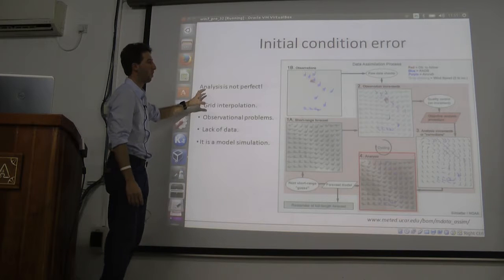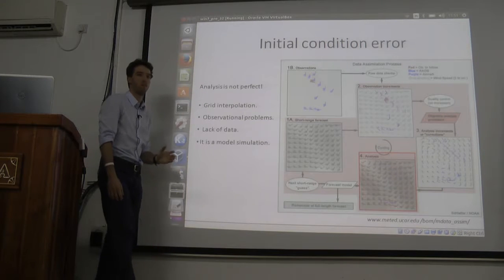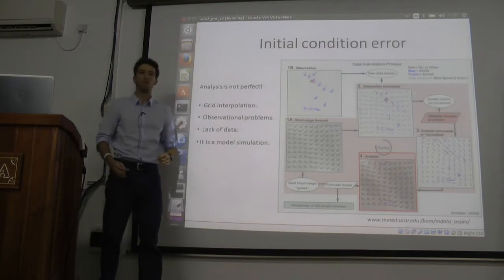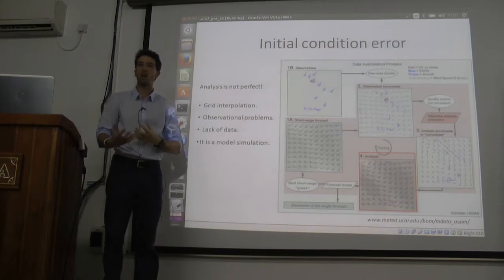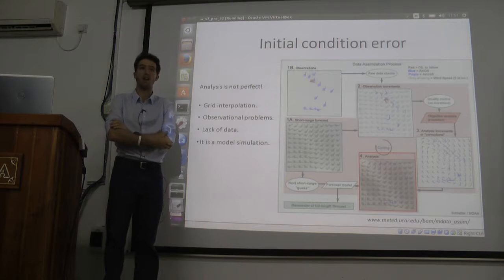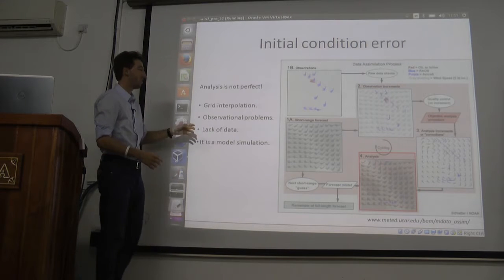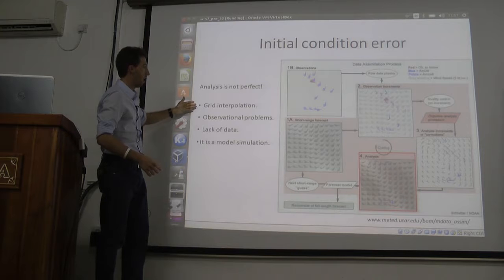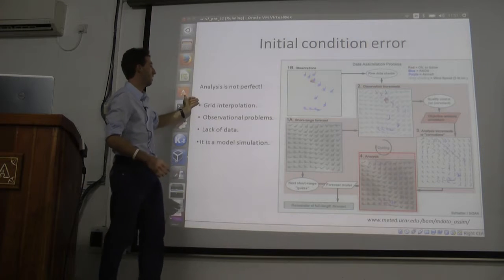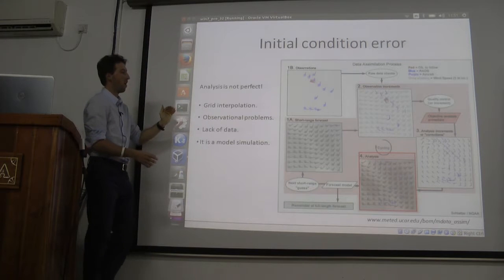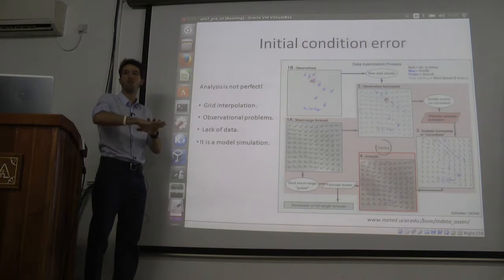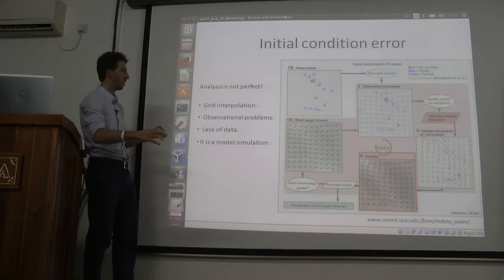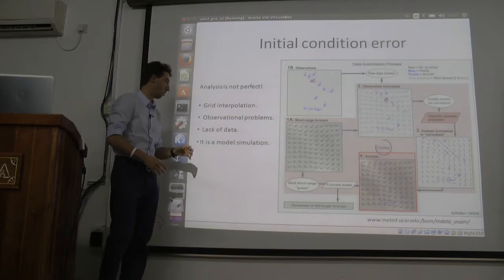We have to know that analyses are not perfect. And for us to know that, we have to understand how they are created. What is an analysis? It's not only grid interpolation, but it's a kind of interpolation of observed data, but together with a model.